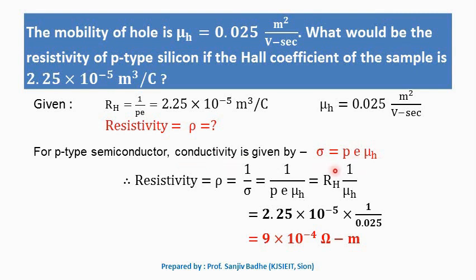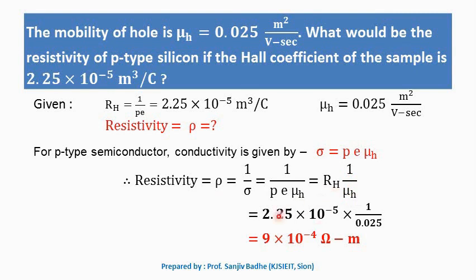Conductivity of a p-type semiconductor can be written as PE mu h, where P is hole concentration, E is the charge on the electron, that will be the charge on the hole, and mu h is the mobility of hole. Resistivity is 1 upon conductivity, so that will be 1 upon PE mu h, and 1 upon PE is nothing but RH. So we can write resistivity equal to RH into 1 upon mu h.